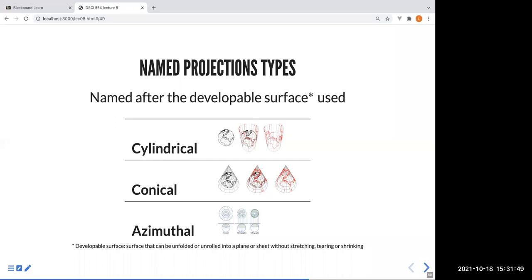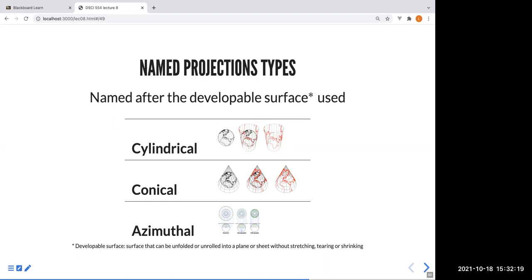So how do people name those projections? They use basically the name of the person who usually invented it, and they refer to the properties that are preserved, and also to the surface that is used to do the projection.